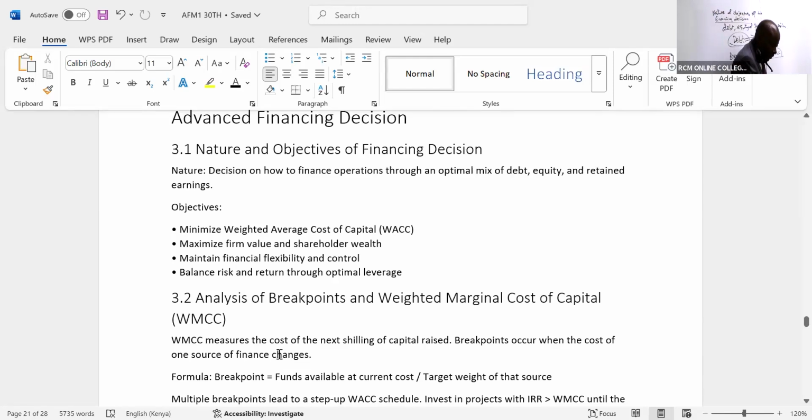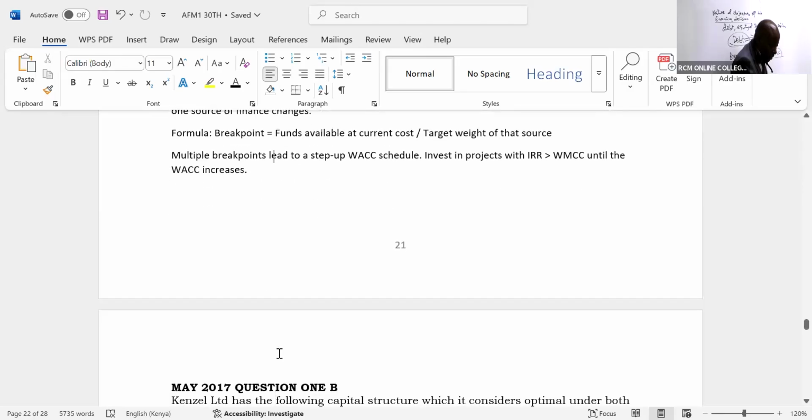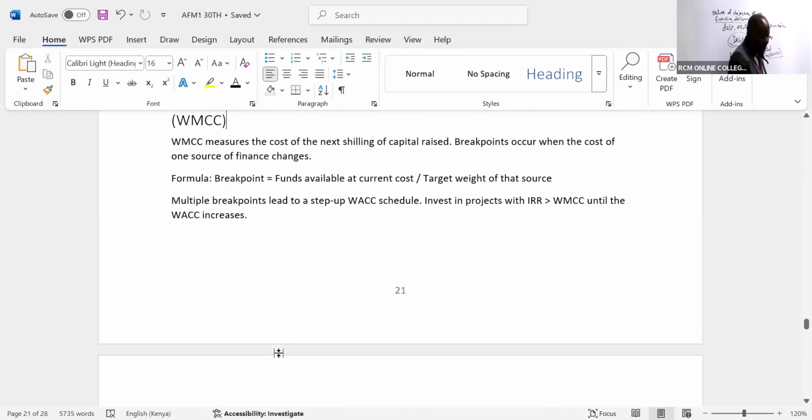So we are mentioning there that WMCC measures the cost of the next shilling of capital raised. Full stop there.